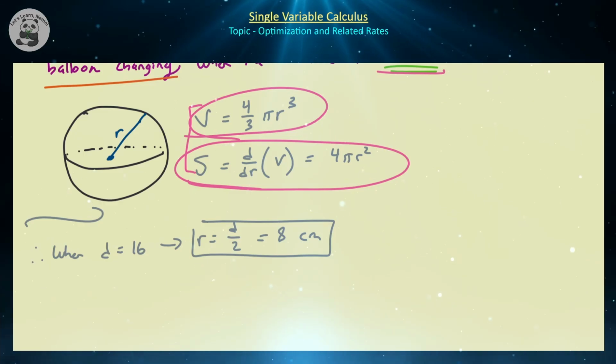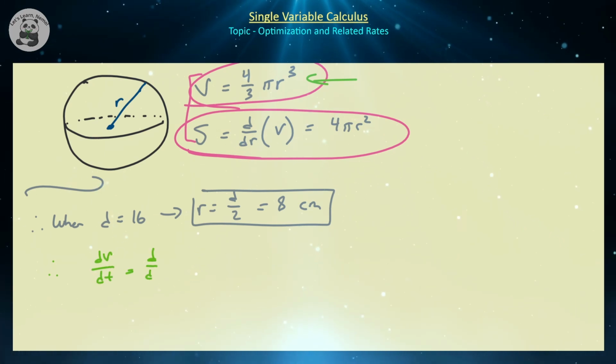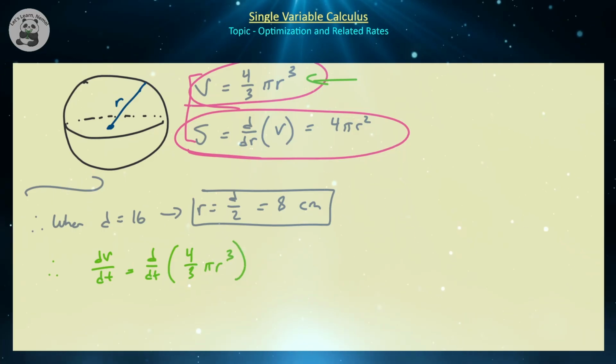All of our equations have r in them, so there's no need to introduce diameter here. If the volume is given by this equation, we can take the derivative of both sides with respect to time. So dV/dt will be equal to the derivative with respect to time of 4/3 pi r cubed. Keep in mind, radius does change with time, so radius is not a constant here.